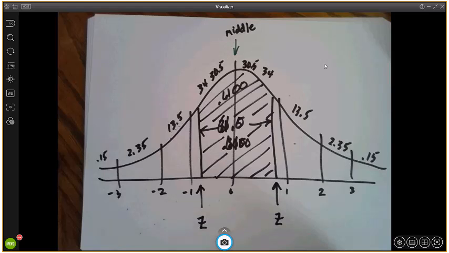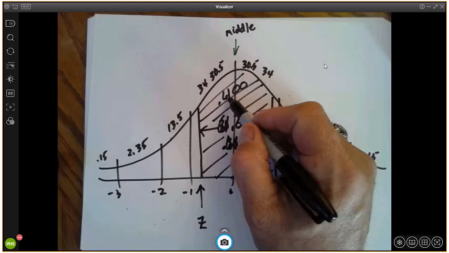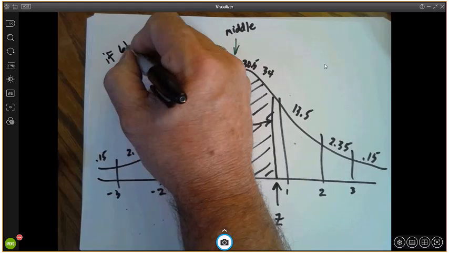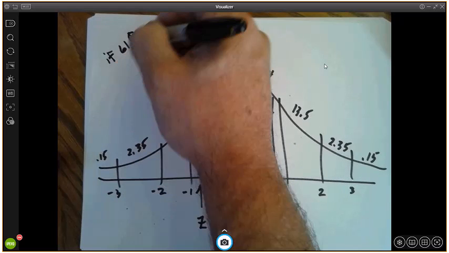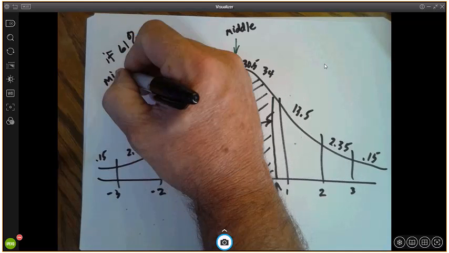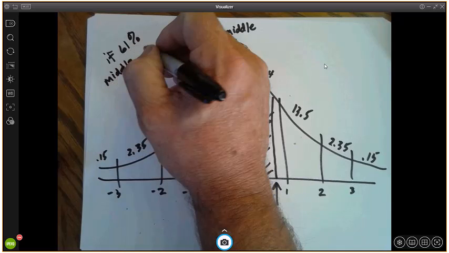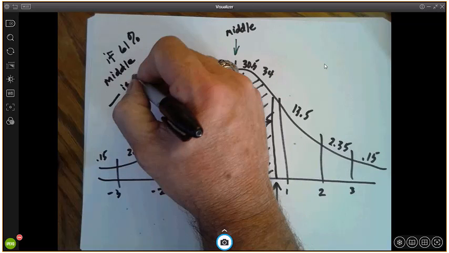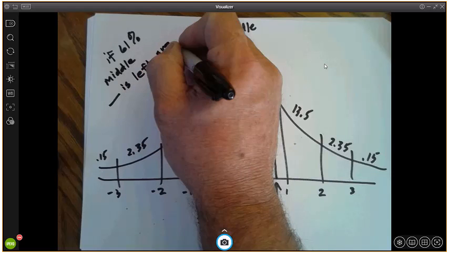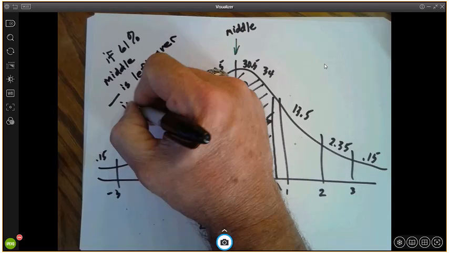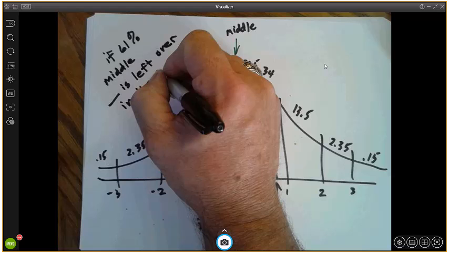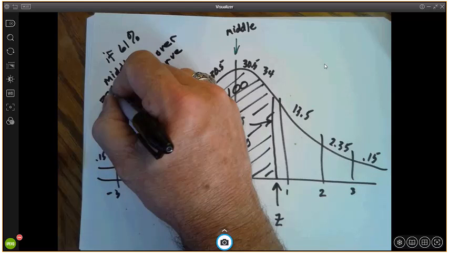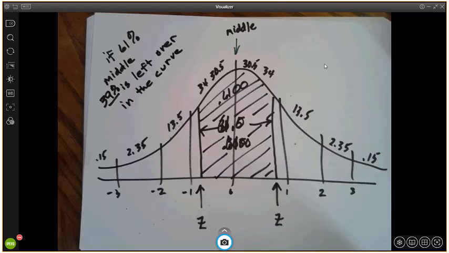Well, if 61% is in the middle, what's left over in the curve? 39 is left over in the curve. So 39% is left over in the two tails.